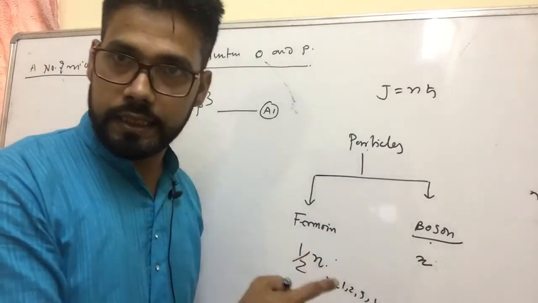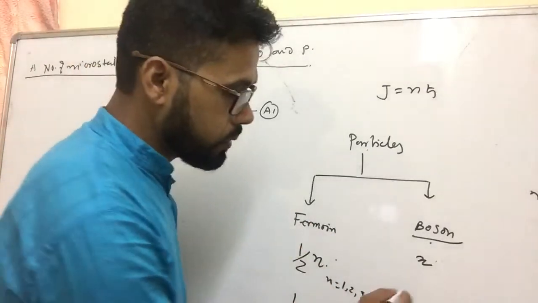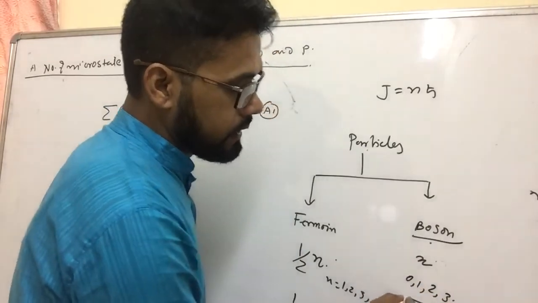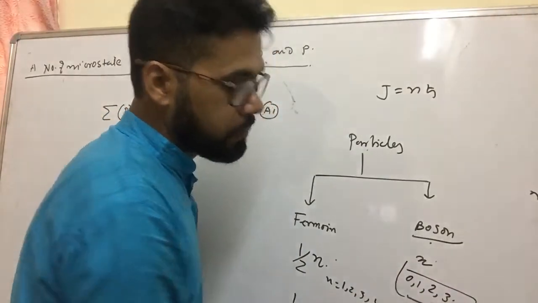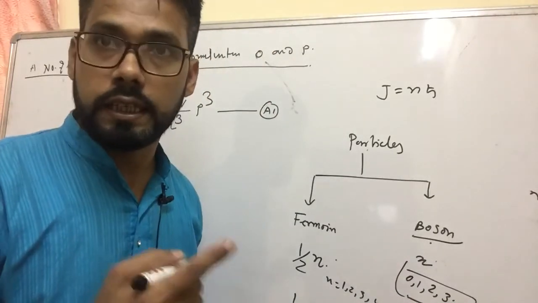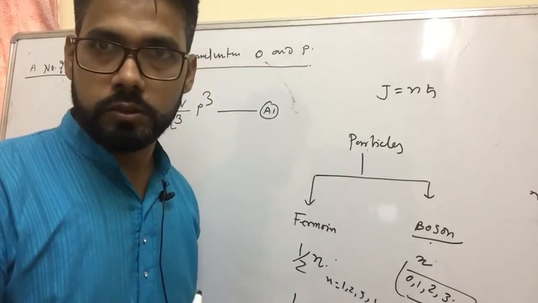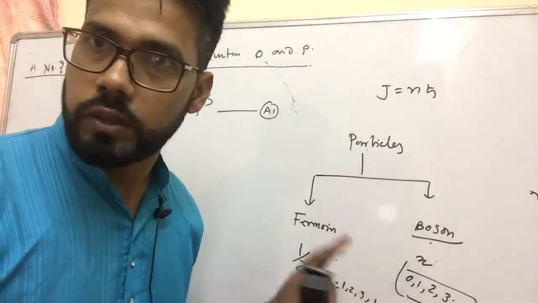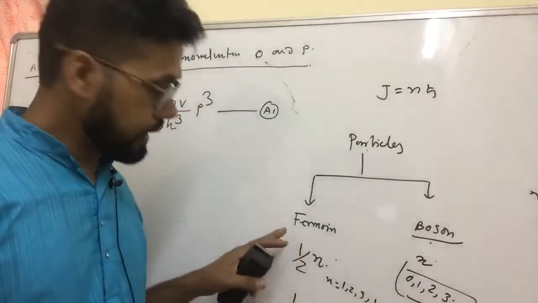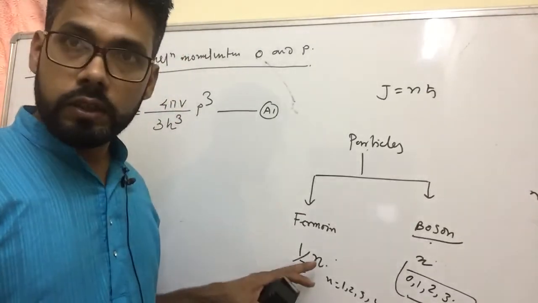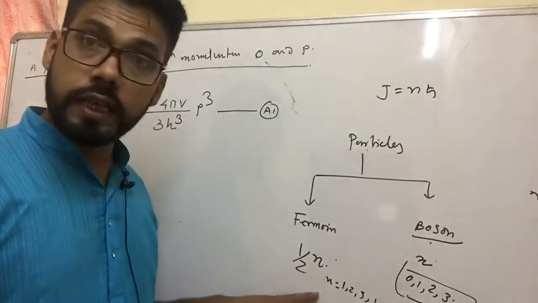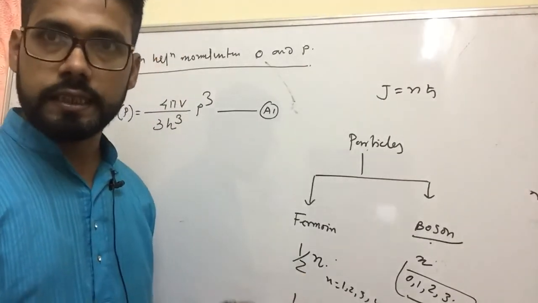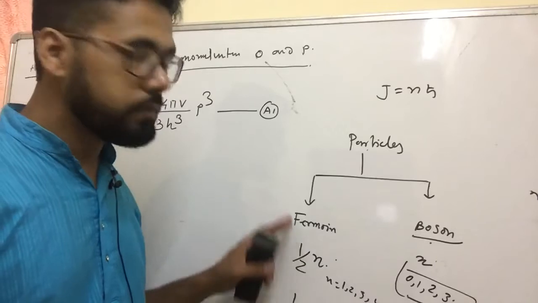Particles having integer spin, such as 0, 1, 2, 3, 4, 5, are known as bosons. And fermions are only those particles whose spin is equal to half, 3 by 2, 5 by 2, 7 by 2. These all are fermions.